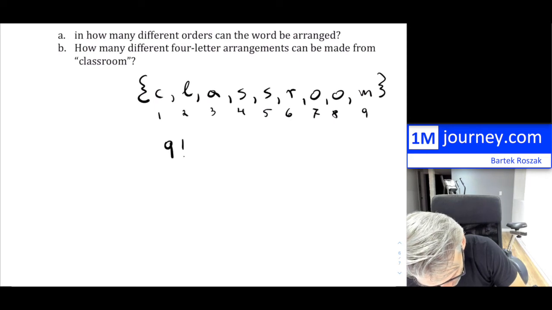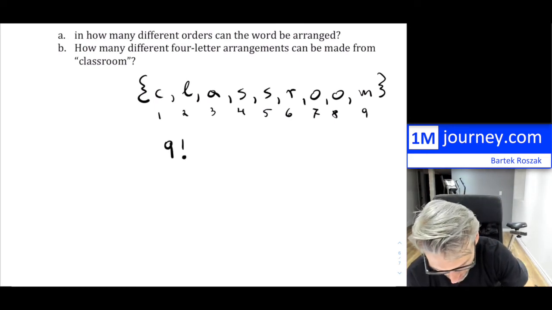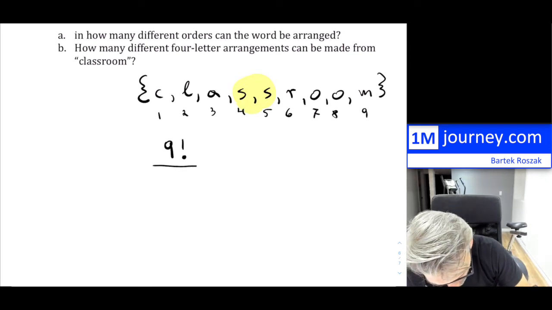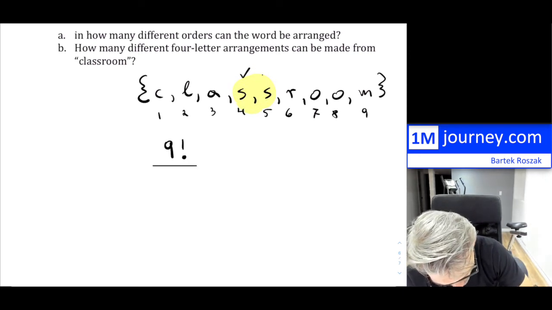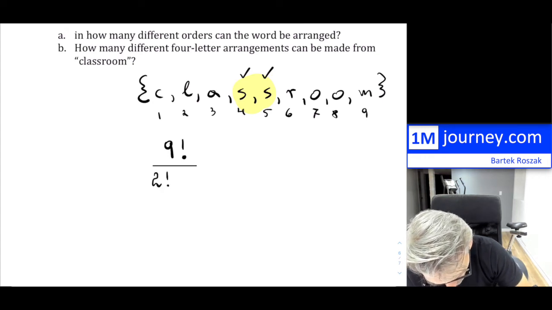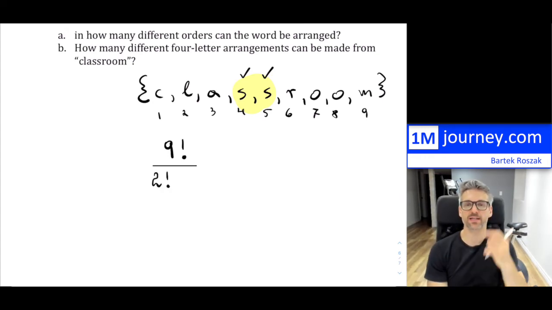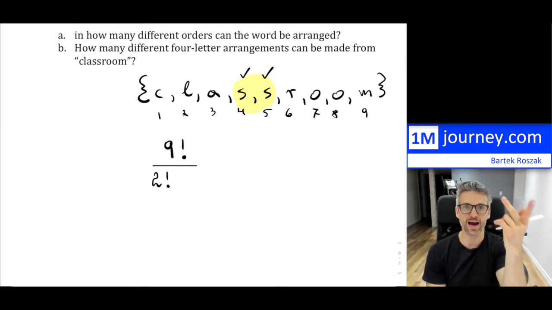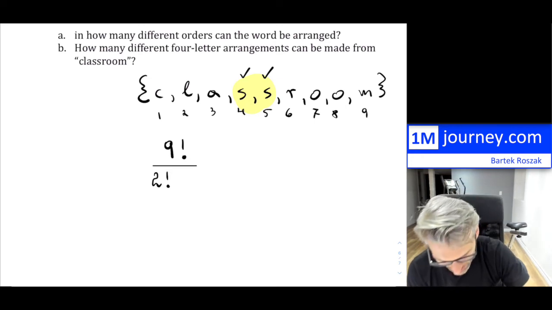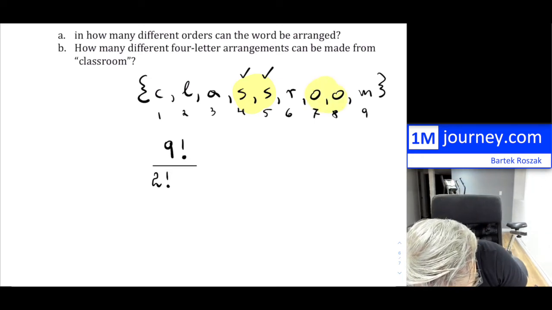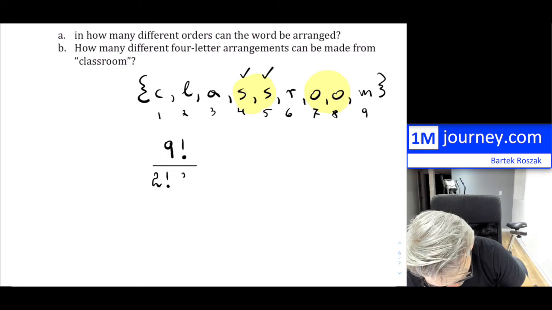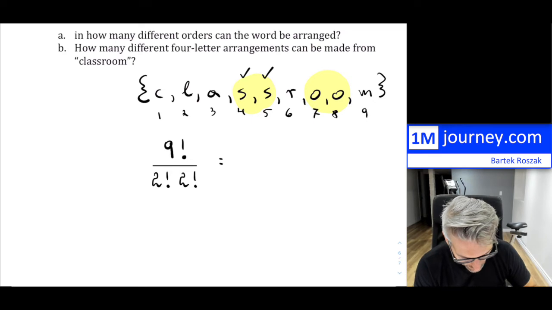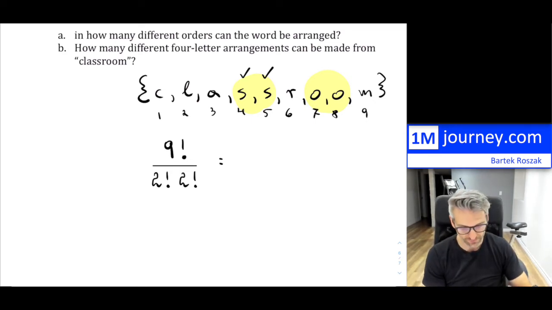I know I can rearrange 9 letters 9 factorial ways, but because S is repeating 2 times, we divide by 2 factorial, so that we remove the ones where, if S is first or S is last, it doesn't really matter. We don't want to count them 2 times. And the same thing here: the O's appear 2 times, so we divide by 2 factorial once again. So this is 9 factorial divided by 4.